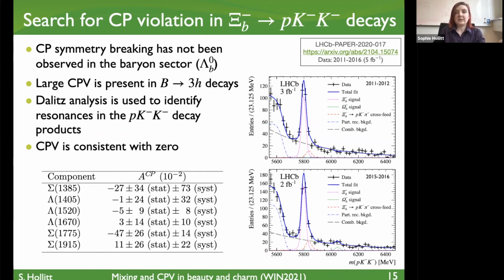So in this study, we're taking a look to see if a B baryon decays to 3 hadrons, whether we'll also see an enhancement. And this is an exciting study that also has a Dalitz analysis to try to look for resonances in this decay. So we have 6 different resonances here that were identified, but in all of them at the moment, the CP violation is consistent with 0.